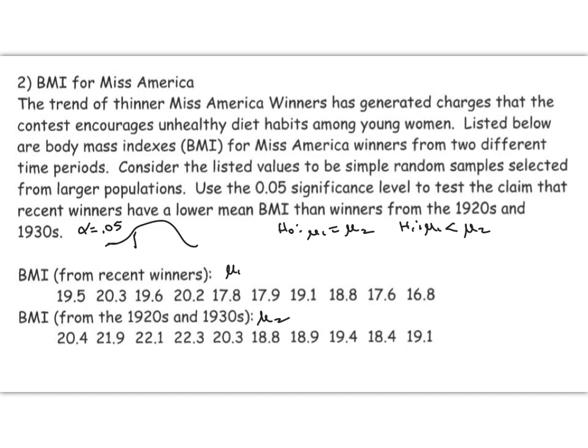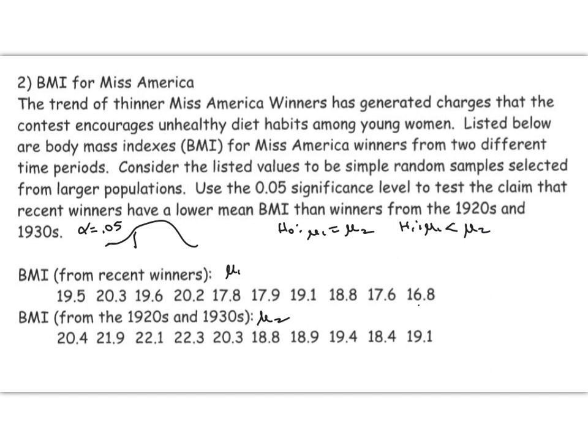So T alpha is going to be inverse T, 0.05, comma, and then my degrees of freedom are the data from both lists minus 2.